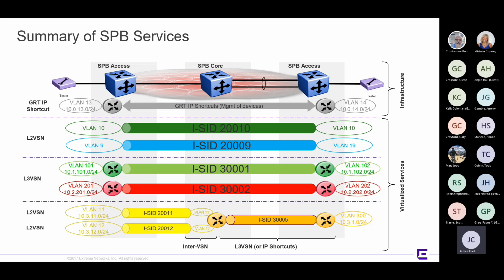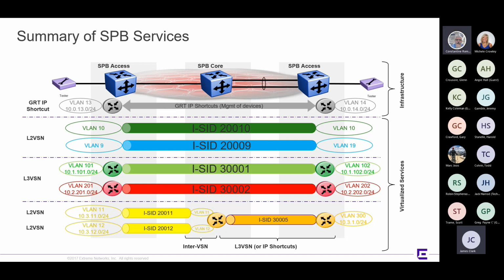We've shown that with layer 2 VSN, the next one down there, VLAN 10 can talk to VLAN 10 using ISID 20,010. Nothing is done on the BB core, that BCB in the middle there. We've also shown that VLAN 9 can talk to VLAN 19, layer 2 without IP.